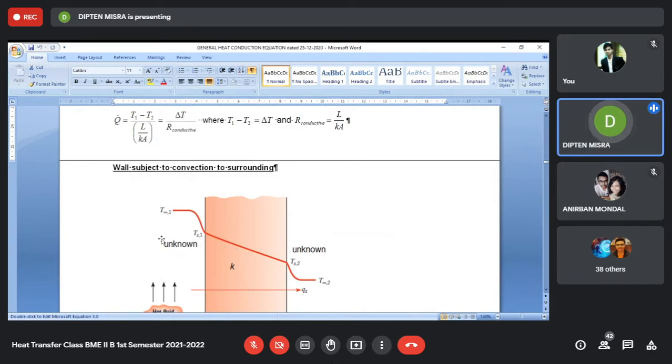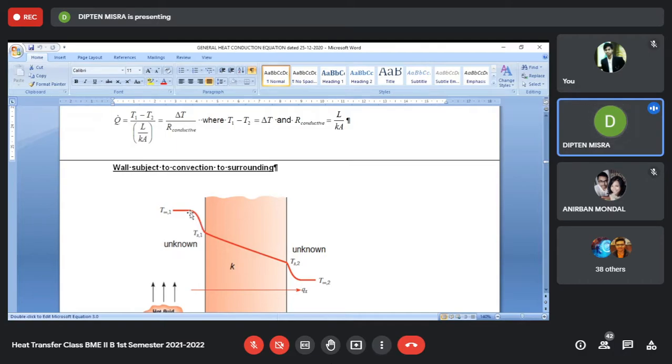Ultimately the hot fluid will transfer its heat to the wall, to one surface of the wall, through different layers of the wall. It will come to the other surface of the wall, and finally come out of this wall into the colder fluid on the right hand side, as shown here.